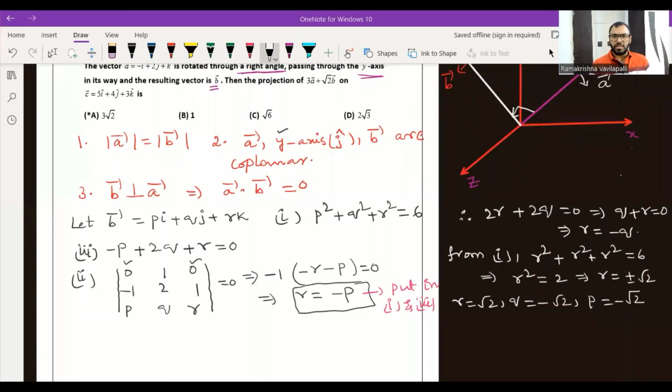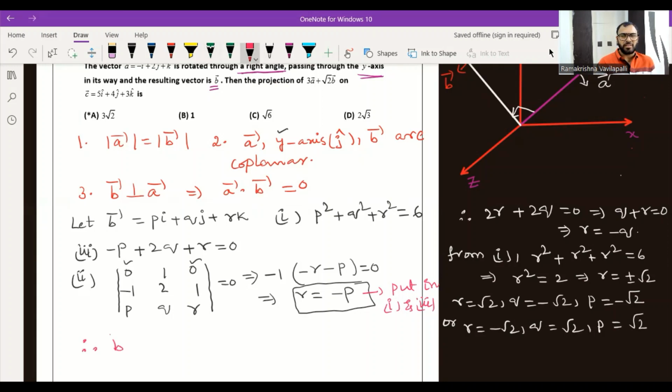Or you will get another vector: if you take r equal to minus root 2, you will get q equal to root 2 and p equal to root 2, which is parallel to that vector. So what is the vector B bar?